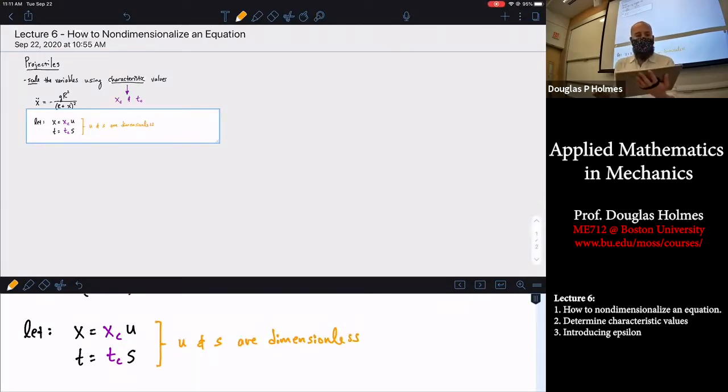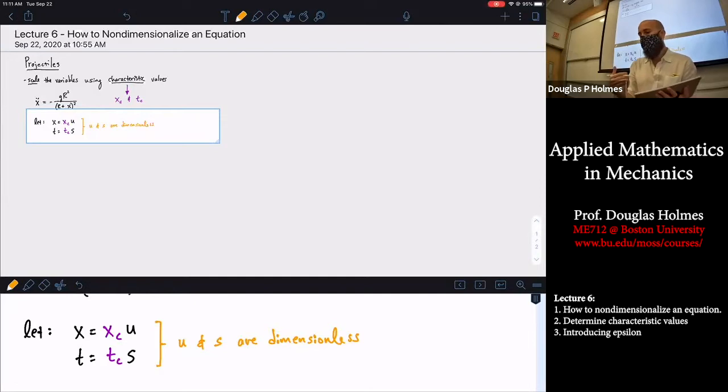Okay. And so the procedure here is pretty straightforward. This is always what you're going to do. You're going to identify the variables in your problem, independent and dependent variables. You're going to create characteristic values for each of those variables.